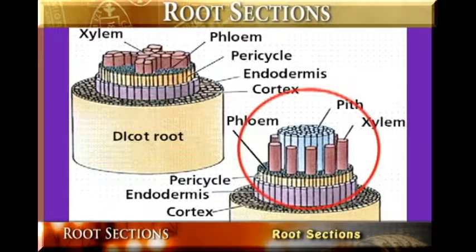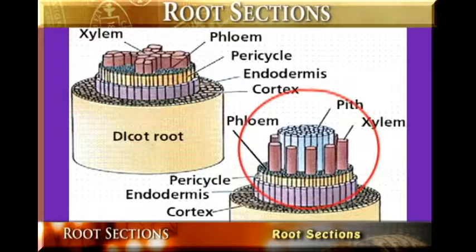Whereas if you look at the monocotyledonous root, the phloem is just at the edge, and the xylem are protruding into the pith, and they are surrounded by the pericycle. And then outside we have the epidermis.